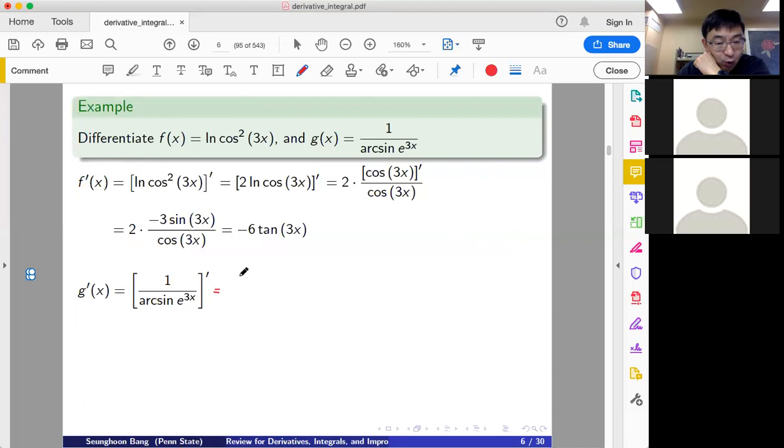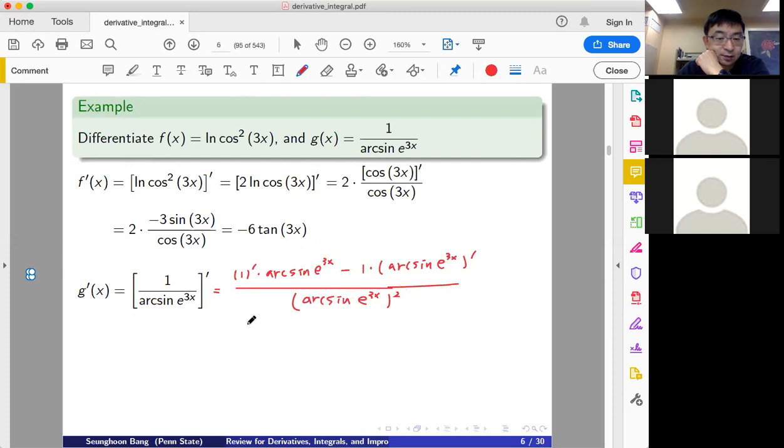I want to use the quotient rule for solving this problem: 1 prime times arc sine e to the 3x minus 1 times arc sine e to the 3x prime, over arc sine e to the 3x squared.